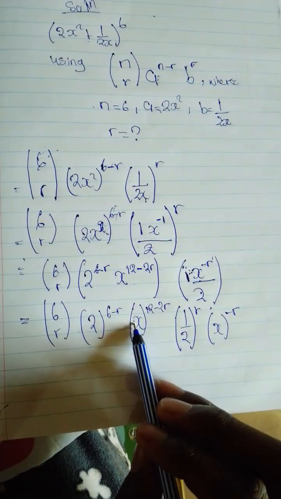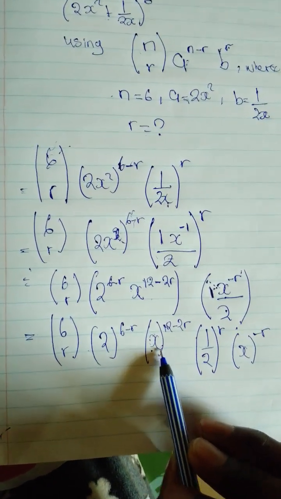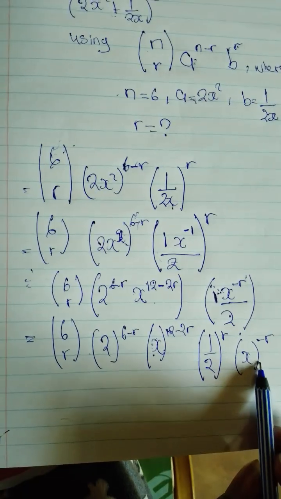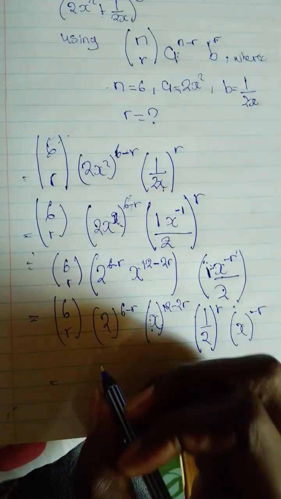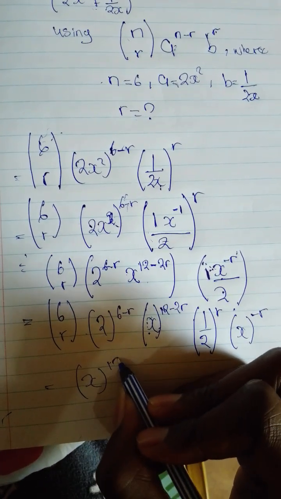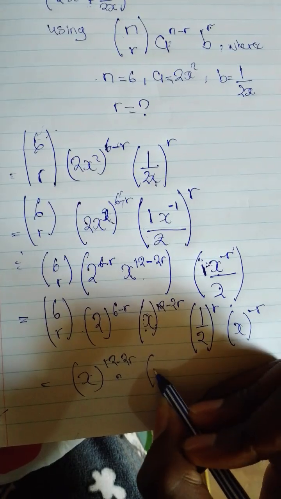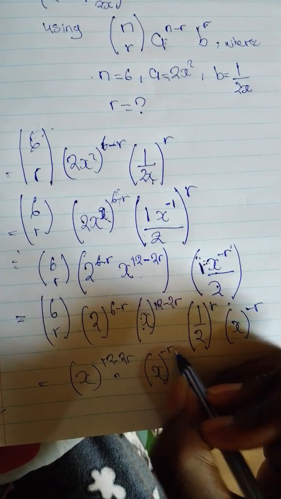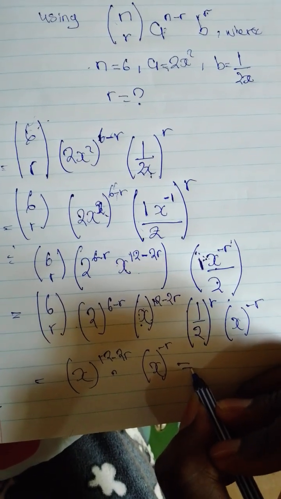Now we know that we have two x's here, right? So when multiplying same bases, we add the powers. So let me just get x power 12 minus 2r multiplied by x power negative r. Always when you reach this part, equate.